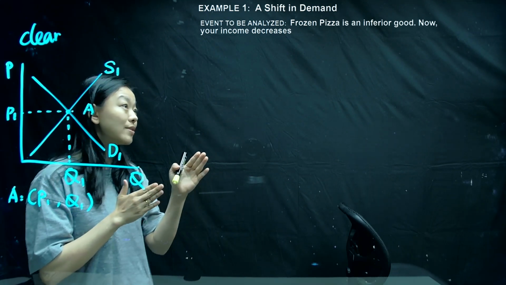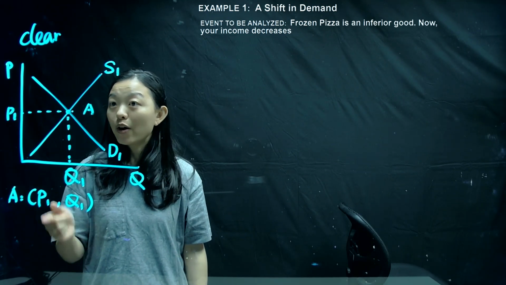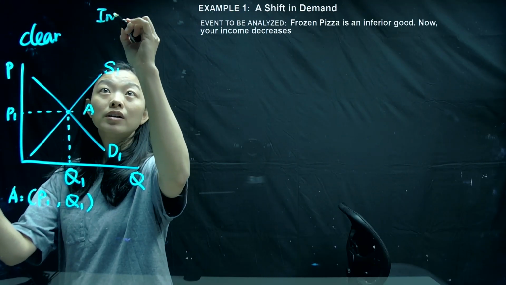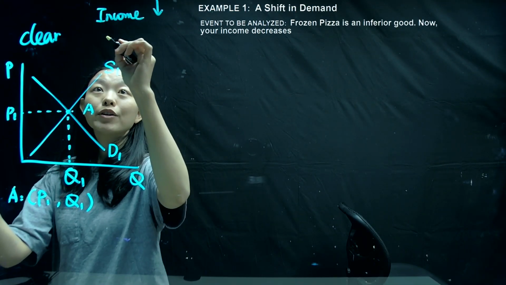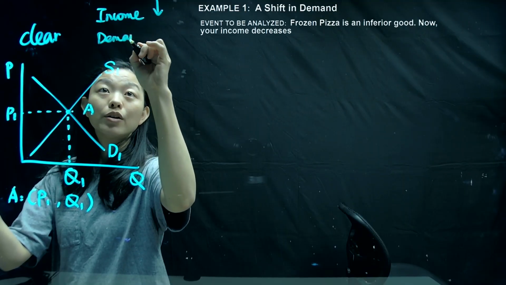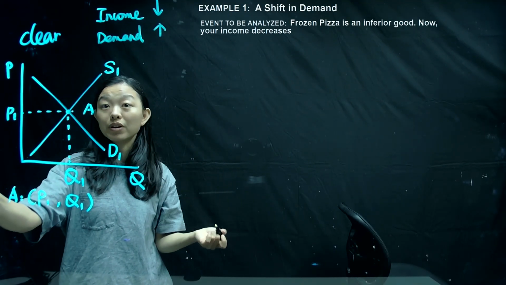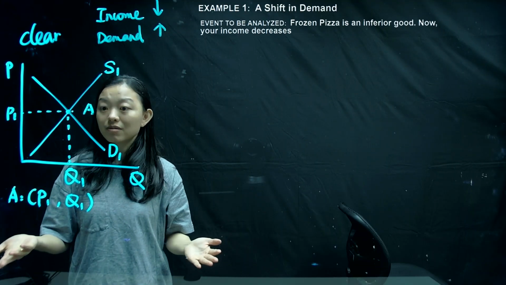Now it emphasizes frozen pizza is an inferior good. Do you still remember, for inferior goods, when income decreases, you buy more? You buy more frozen pizza. So this is an inferior good. Anything change in pizza's price?